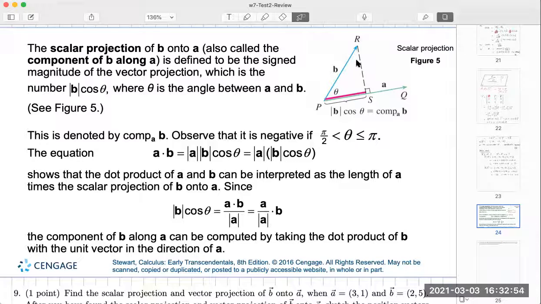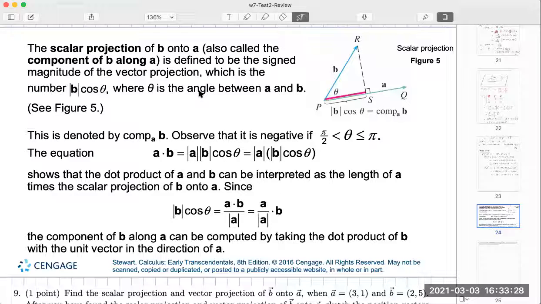It is the dot product of the vector B times the unit vector in the direction A. The unit vector in the direction A is nothing else but the vector A divided by its magnitude here, right? Or geometrically, we can see that that is the length of B times cosine theta, the angle between these two vectors. Okay?